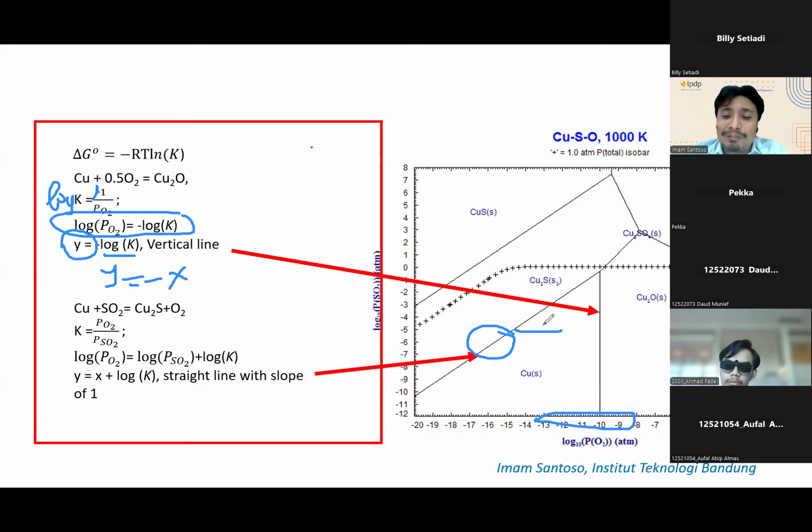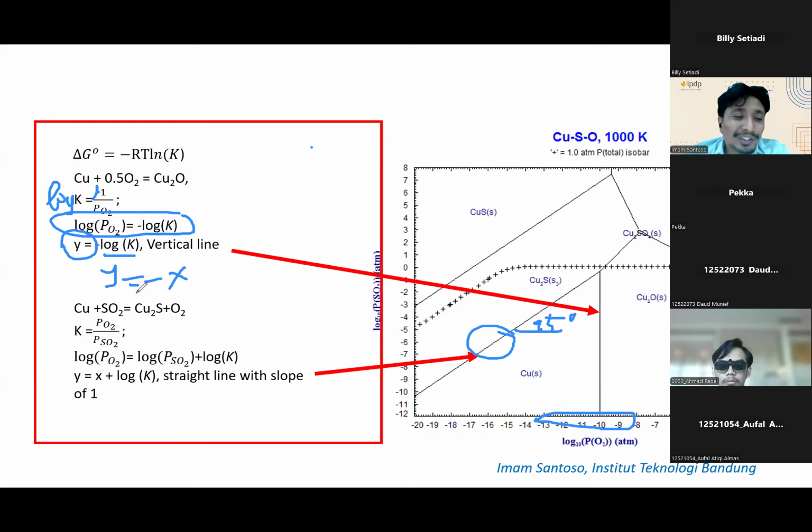This is 45 degree. Tan 45 degree is 1. And this is the slope. Okay, guys? Sorry.